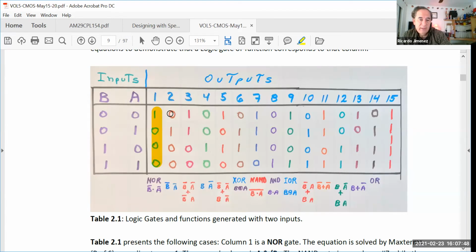And now we have here this output. Notice that in this output, the combination is A and not B. Sometimes I notice I have an error here. It has to be A, and that one is not B, so it's correct.